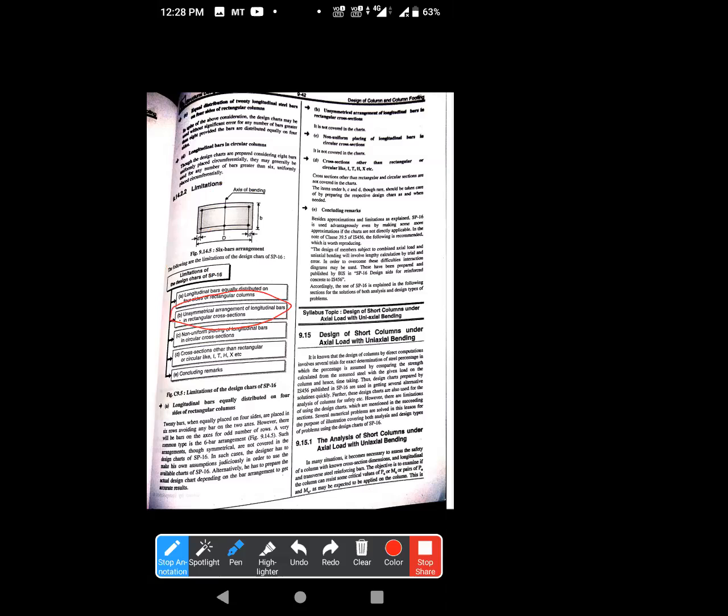Next, unsymmetrical arrangement of longitudinal bars in rectangular section. If it is not covered in the charts, then for the unsymmetrical arrangement you can't use the charts. The arrangement of the bars should be in symmetrical condition. As you can observe, see here, if you arrange the bars at one section here, this is the symmetrical condition.